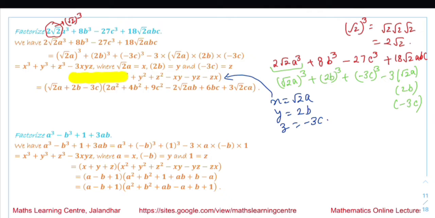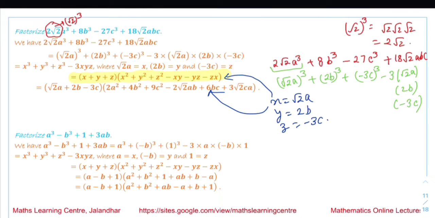It is x plus y plus z into x square plus y square plus z square minus xy minus yz minus zx, and we substitute these values of x, y, z in this. When you substitute these values, you will get the answer in this particular form. Similarly, in the next question, it is a cube minus b cube.